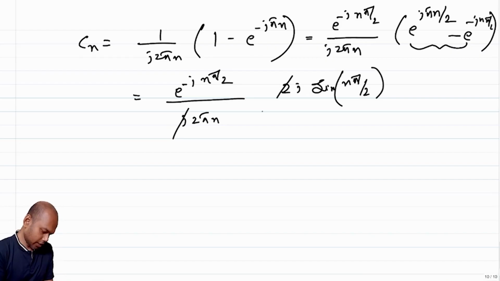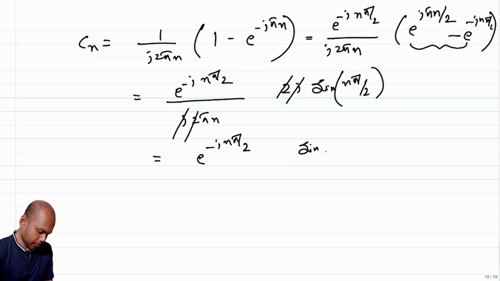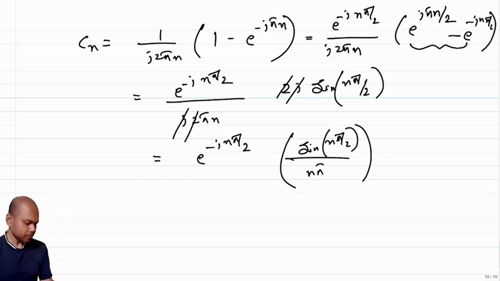The j cancels, and the 2 cancels. So we essentially get Cn equal to e to the power minus j n pi by 2 times sine n pi by 2 over n pi. So what is it telling us?